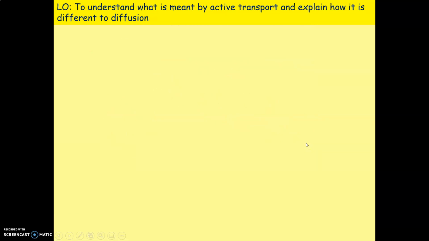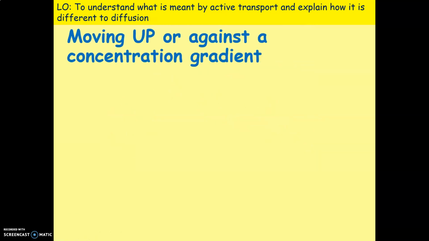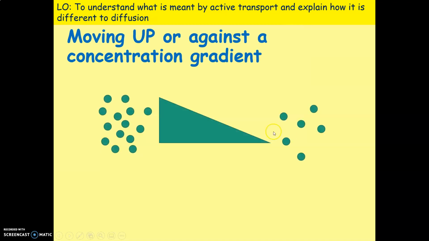Okay. Now, sometimes substance may have to move against a concentration gradient or moving up a concentration gradient. So for instance, again, we have higher concentration of this particle here and lower concentration.